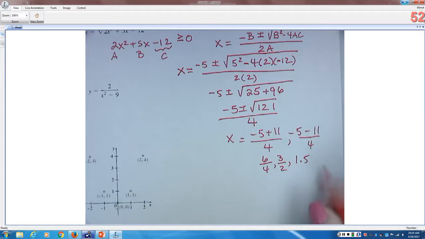And negative 5 minus 11 is negative 16 over 4, which is negative 4.